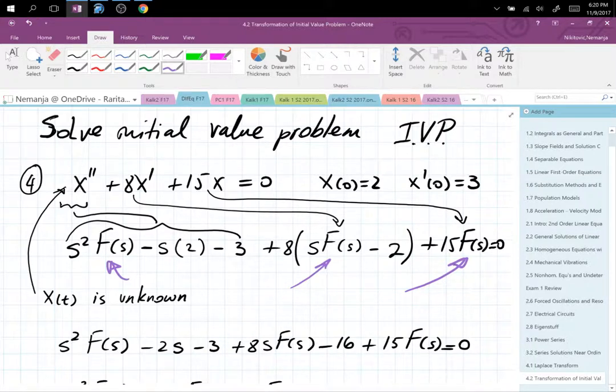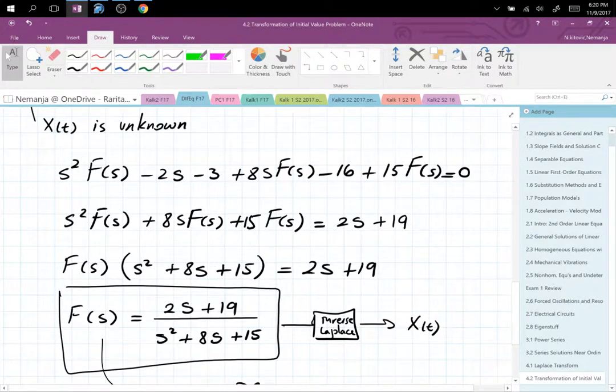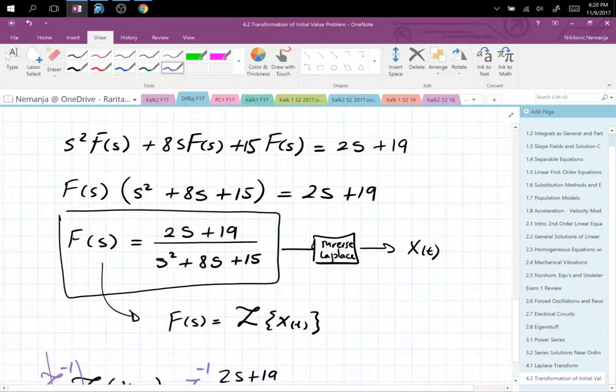And then you massage this a little bit to get F of s equal to everything else, right? And that's a solution. Now that solution is given in Laplace world. And you are going to hit that with inverse Laplace, which we didn't learn yet. So Laplace inverse, and that's going to give you your f of t or x of t or y of t, whatever you called it earlier. And the problem is solved.